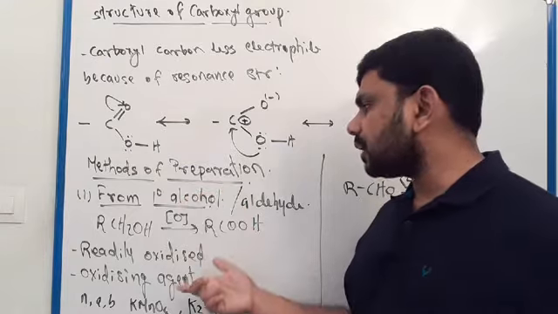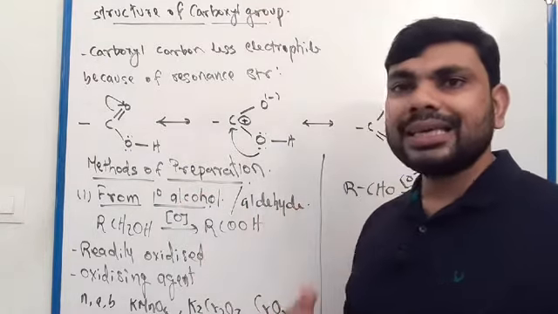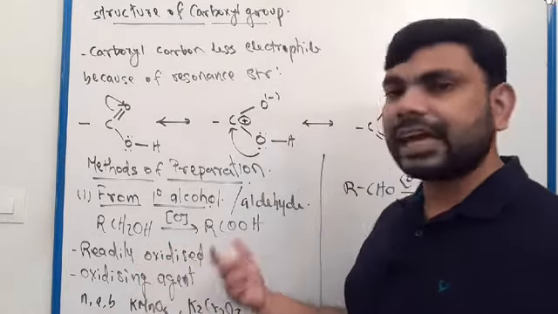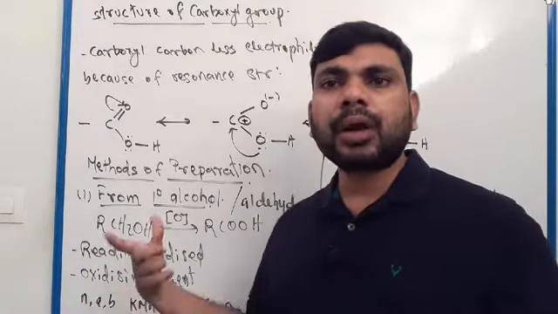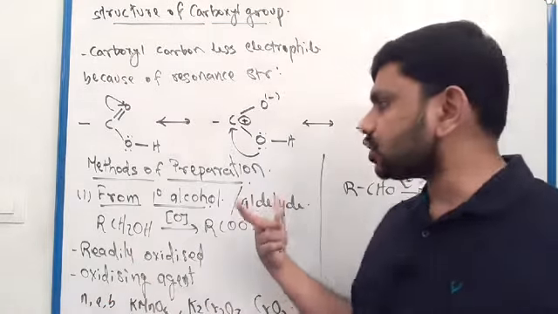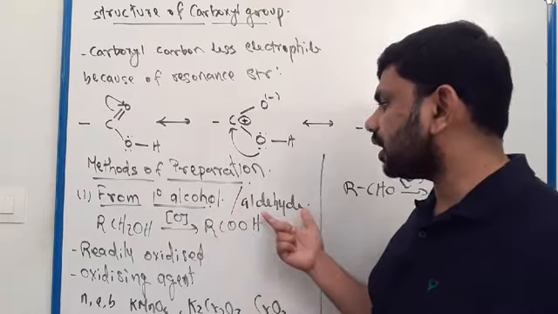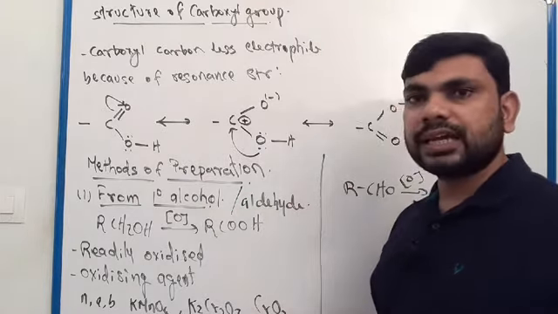Primary alcohol and aldehyde oxidize easily; even a mild oxidizing agent is needed. After oxidation, they change to carboxylic acid.